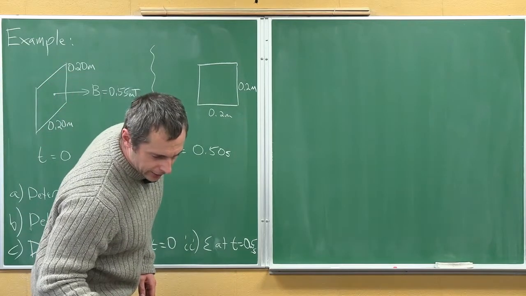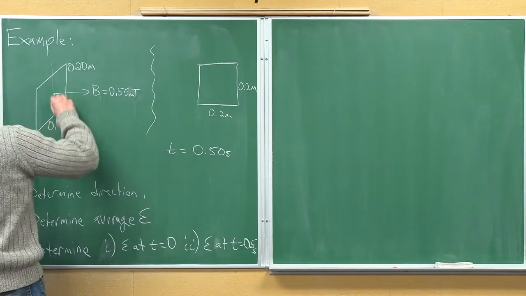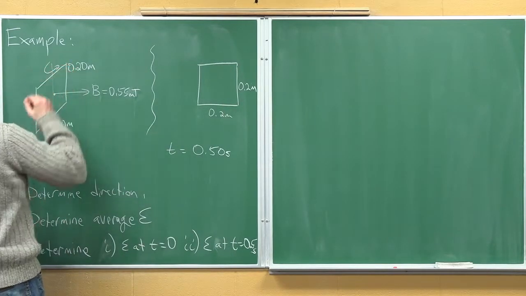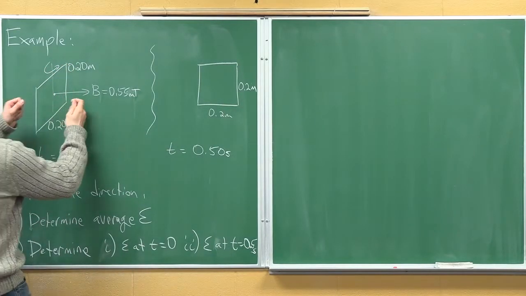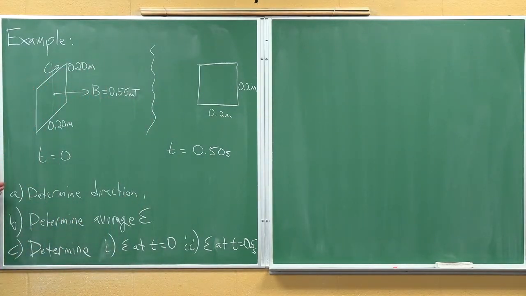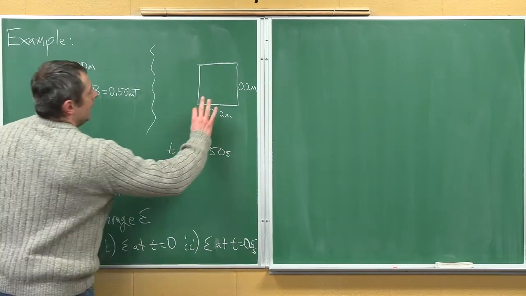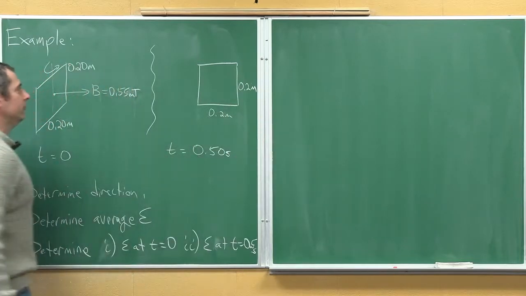I guess we need a direction of rotation, so maybe we say it goes like this, you are rotating this flat in like that, and we want to know the direction of the current induced, the average EMF over the whole time interval, and then the EMF right at the beginning when you first start turning this, and at the end when it's laying flat.